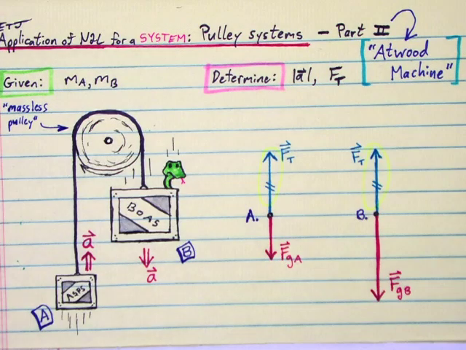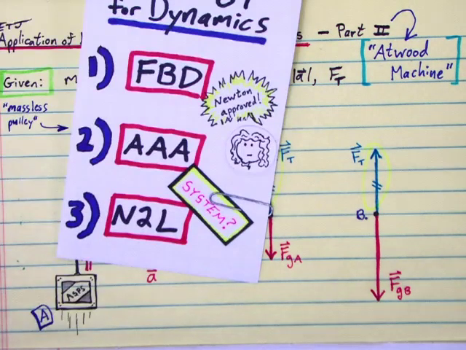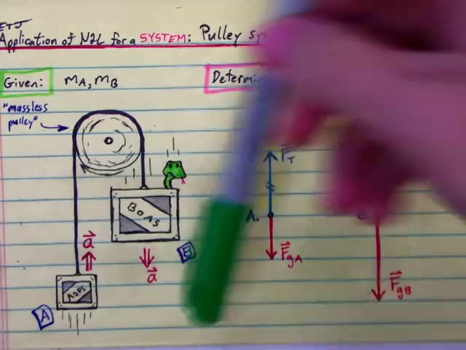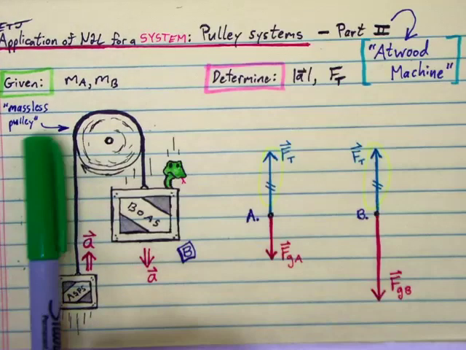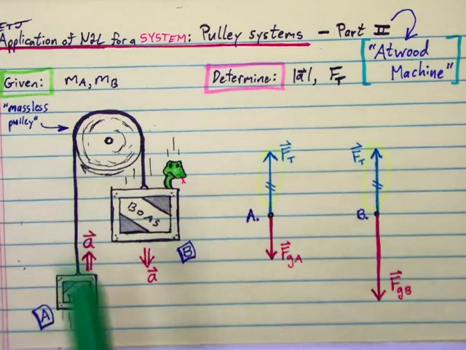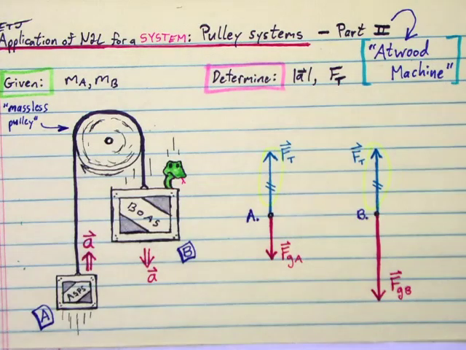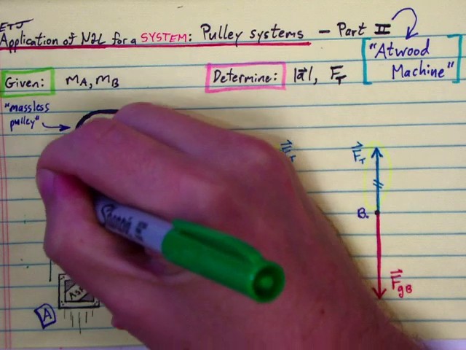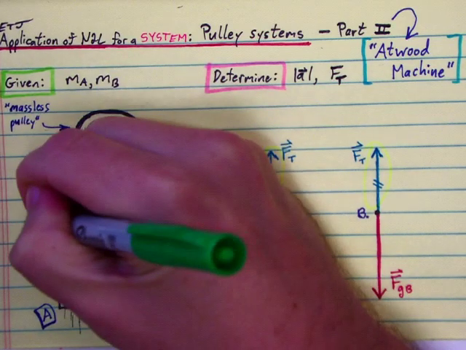Okay, so the axes then. We've got a pulley system. What we want to do is align the axis with the acceleration. Now, B is accelerating down, but A is accelerating up. We want them both to be accelerating in the same direction. And so we define upwards to be our positive y direction over here.